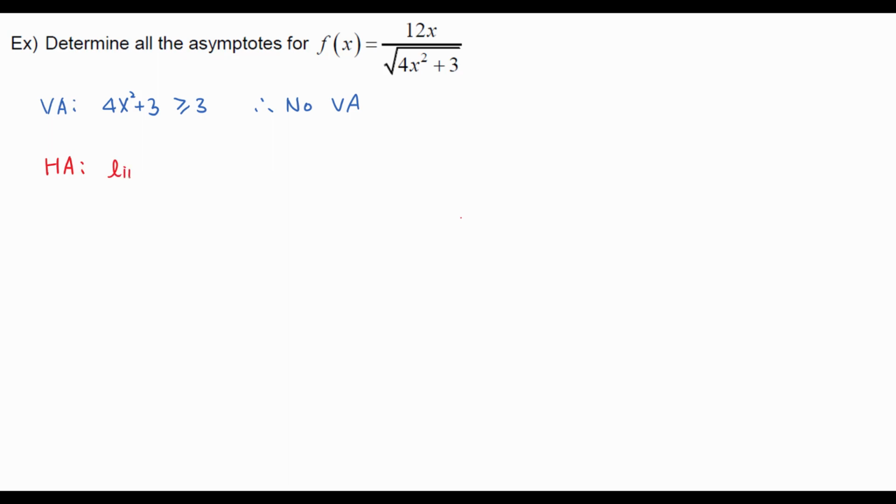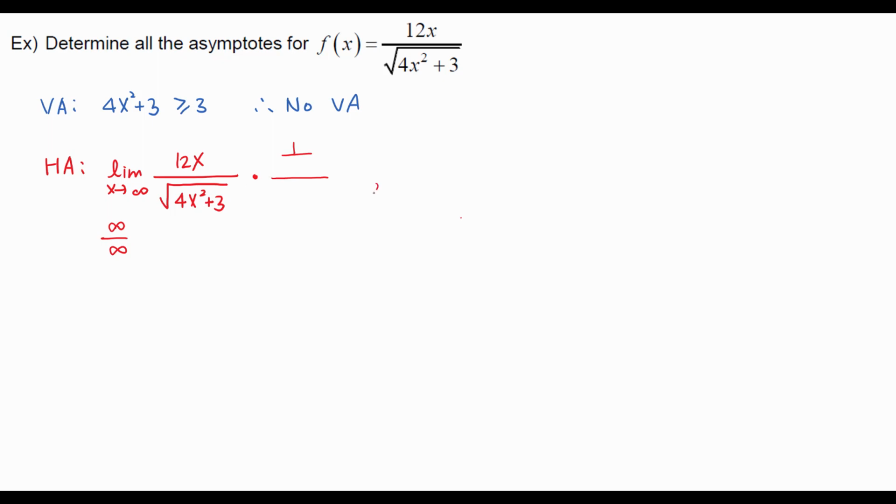First one is the limit as x approaches positive infinity of your rational function, 12x over the square root of the quantity 4x squared plus 3. If you substitute infinity for x right now, you will get infinity over infinity as their degrees are the same. So in this case, we have to multiply by the quantity 1, which is a quotient of 1 over the highest power of your variable in the denominator.